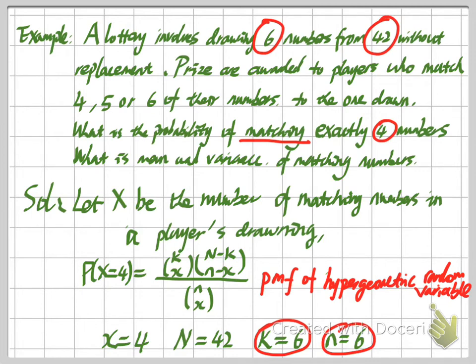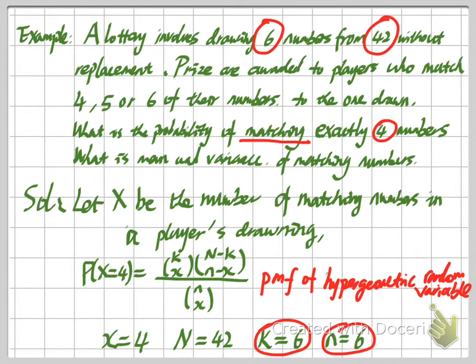Although they are both the number 6, their meanings are a little different. Capital K equals 6 because the organizer will select 6 numbers, and small n equals 6 because the player will select 6 numbers.